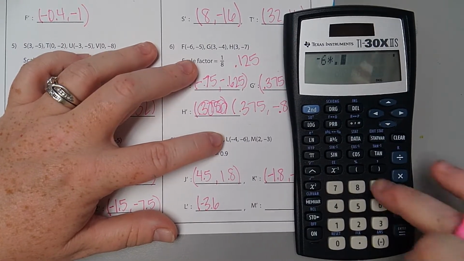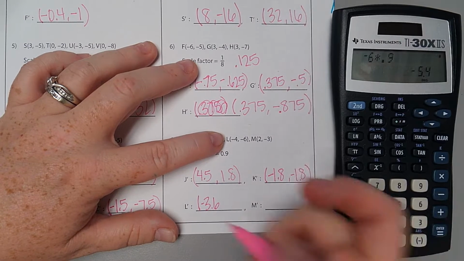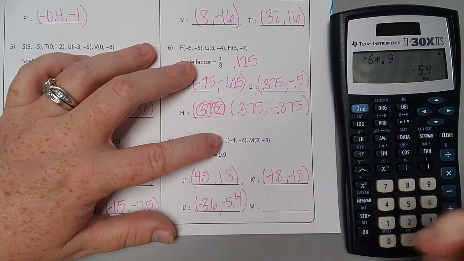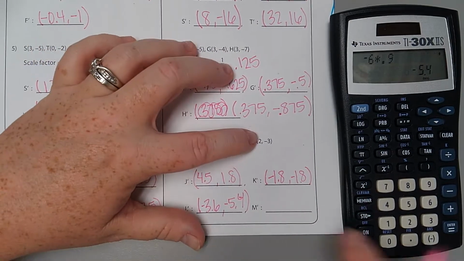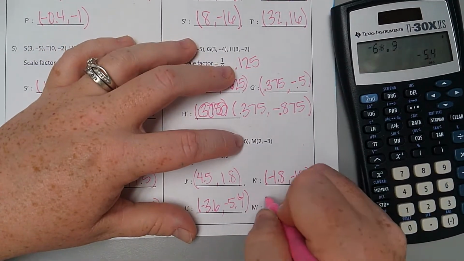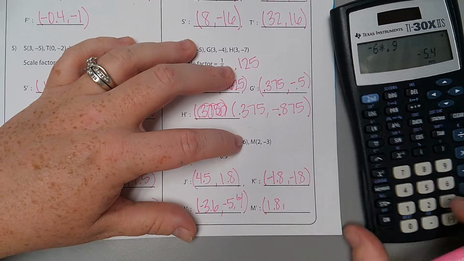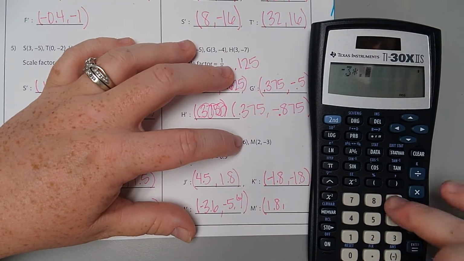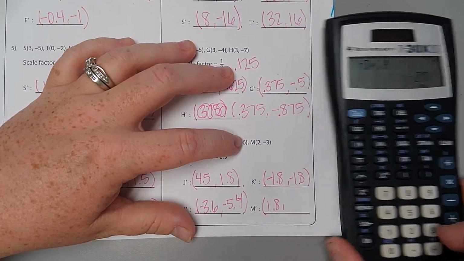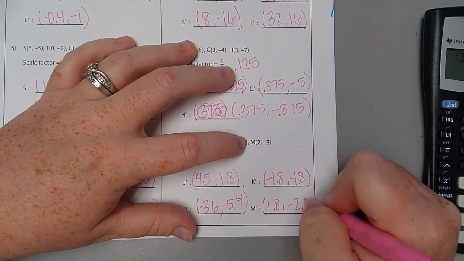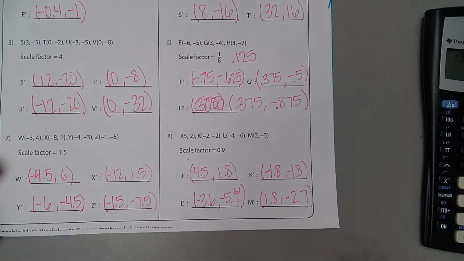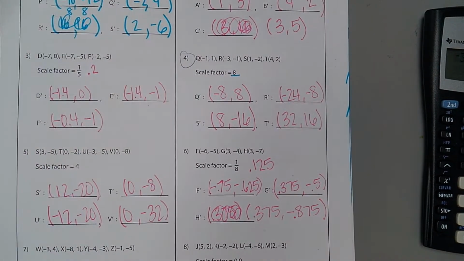Negative 6 times 9/10 is 5.4. Oops, 4. And last one is a 2, which we already did a bunch of 2's, 1.8, and then 3. Not divide, times 9/10 is 2.7. So that is this page.